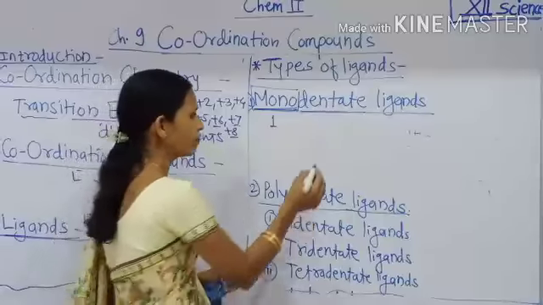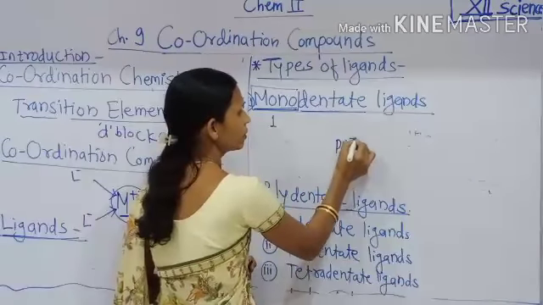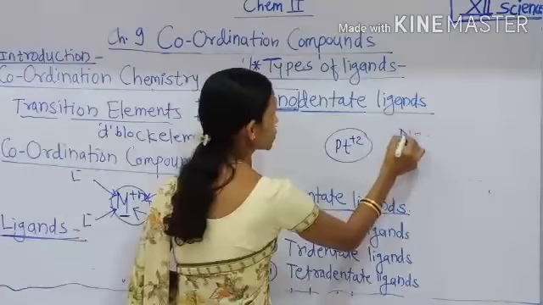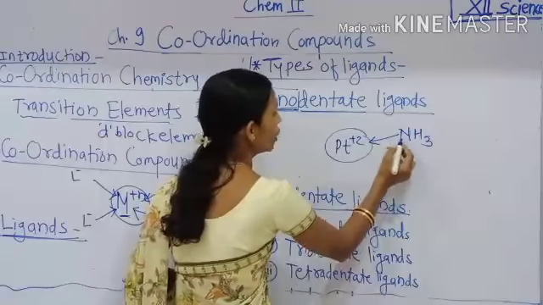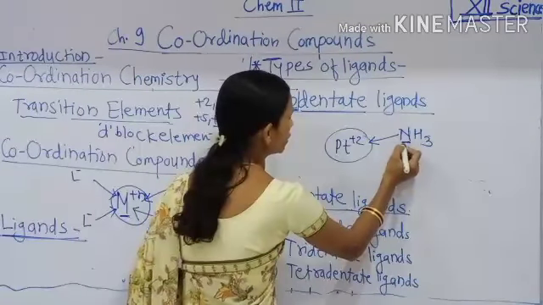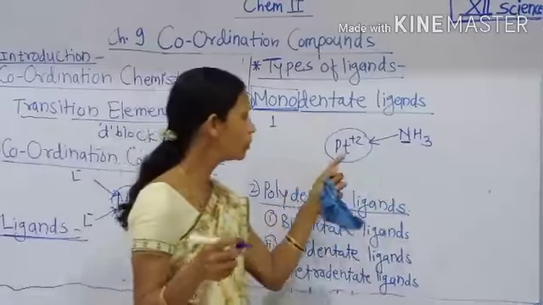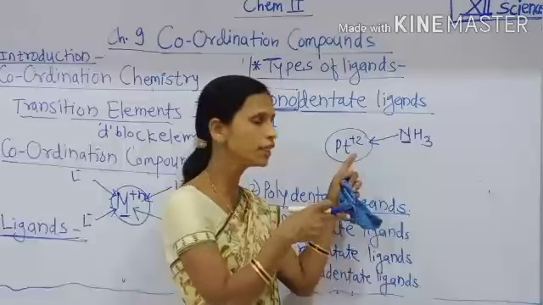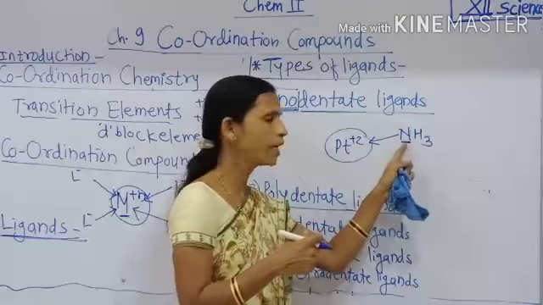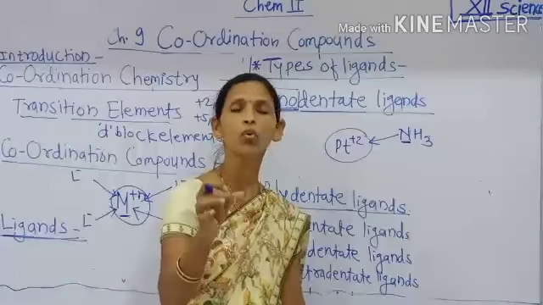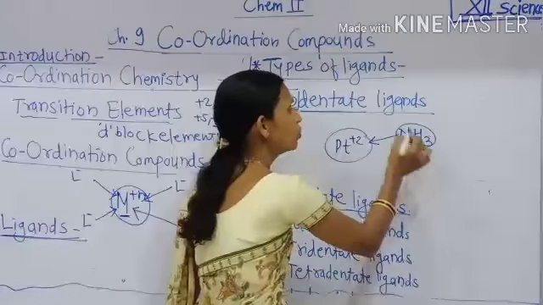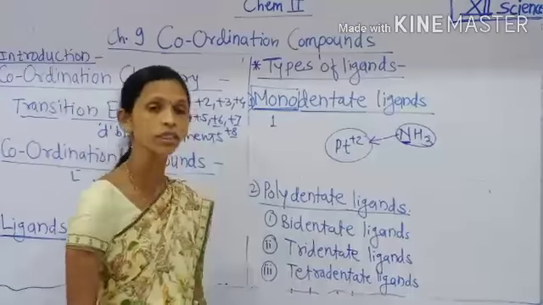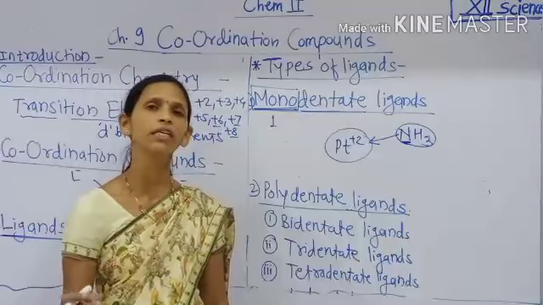For example, in cisplatin there is the NH3 group, which has only one point of attachment. NH3 coordinates with the Pt2 plus ion by the nitrogen atom only. Therefore, NH3 is a monodentate ligand, also known as a unidentate ligand.